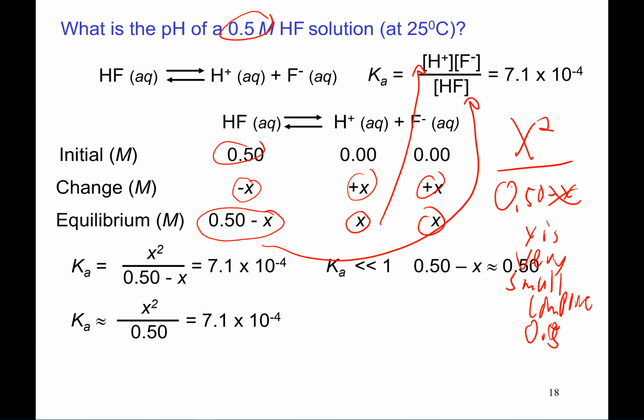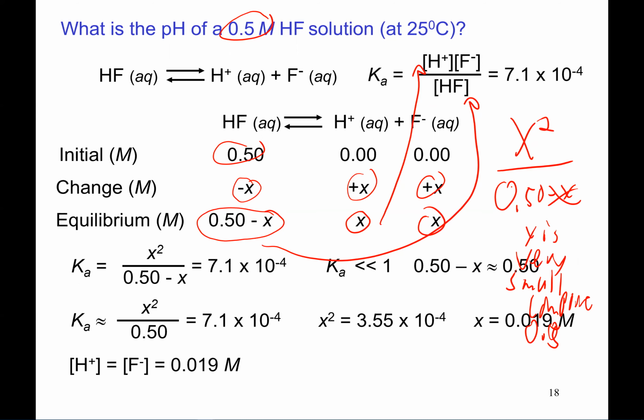You plug the value in, ignoring the X in the denominator, and figure out what X squared is, and so you have X. You get the pH of that solution is 1.72.